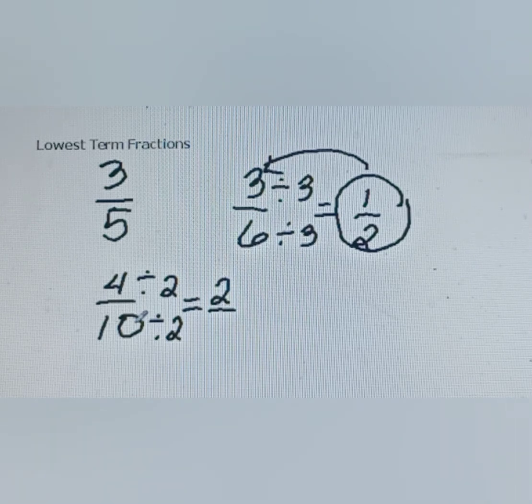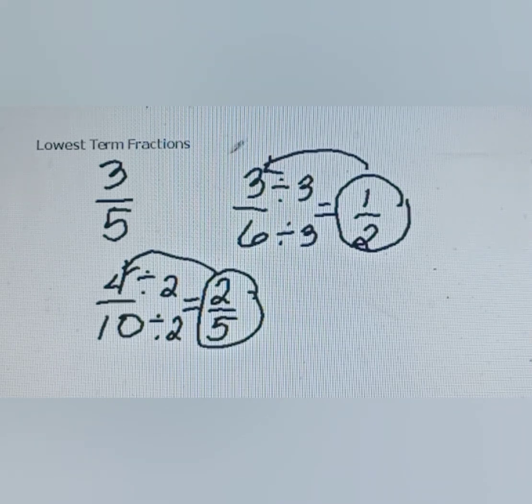What about 10 divided by 2? That's 5, correct? Is 2/5 in lowest term now? 2 and 5, you can only divide them by 1. So 2/5 is the lowest term of what? 4/10, correct. So that's how to change a fraction to its lowest term.